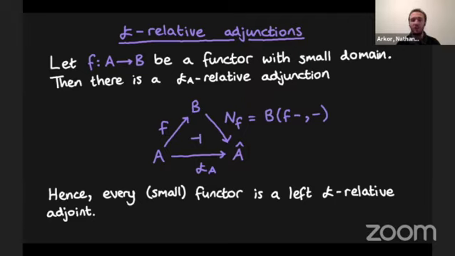In this case, we have an adjunction relative to the Yoneda embedding of A, where the left adjoint is given by F, and the right adjoint is given by the nerve of F. In this way, we can see that every suitably small functor is left adjoint relative to the Yoneda embedding of its domain. And conversely, every left adjoint relative to a Yoneda embedding is just a small functor. So being a left adjoint relative to the Yoneda embedding is not a very strong property at all.